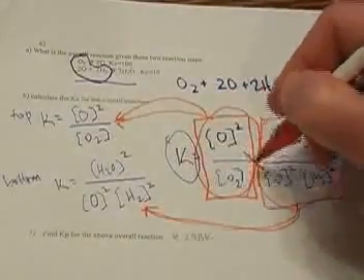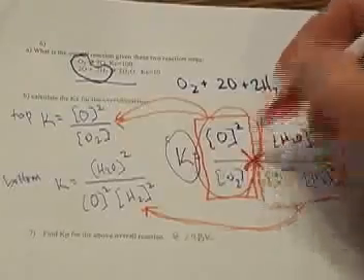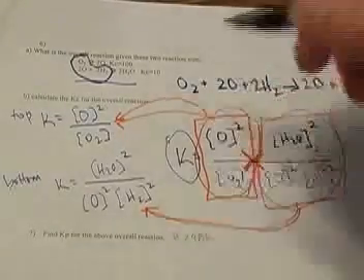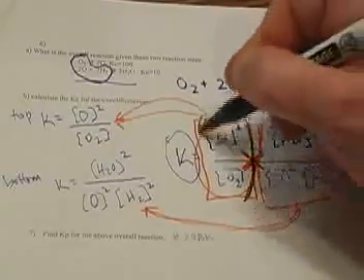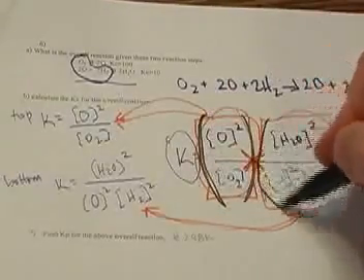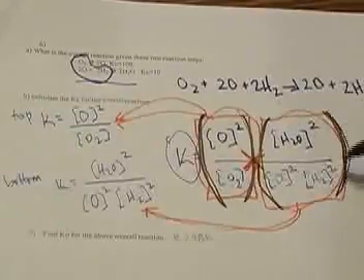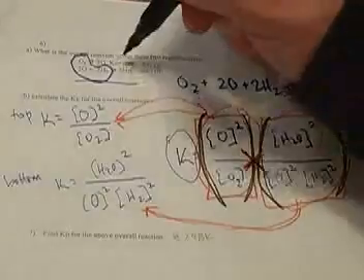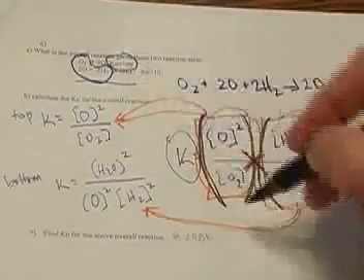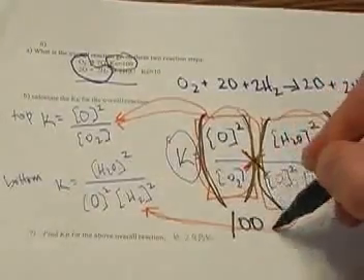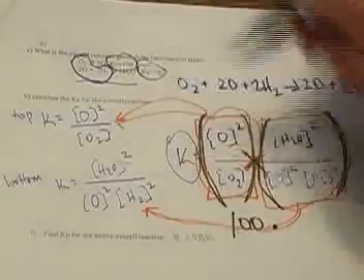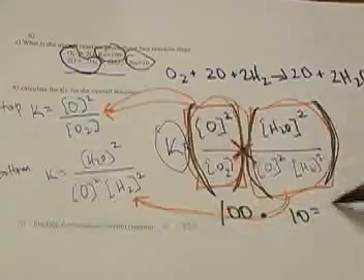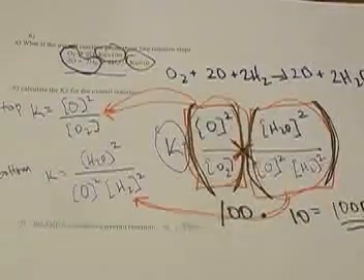All we did was multiply those two together, because this is the equilibrium constant from the top reaction, and this is the equilibrium constant from the bottom reaction, and we're multiplying those two together. So if we know the top reaction has a K sub C of 100, and we know that the equilibrium constant for the bottom reaction is 10, 10 times 100 is 1,000.